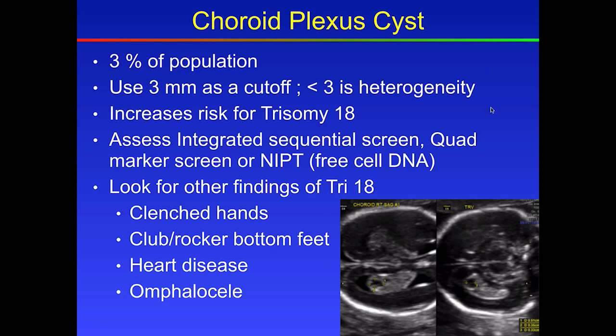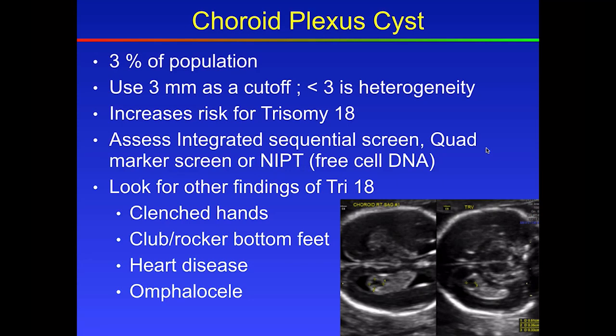Whenever you find it, we look at the integrated sequential screen and/or the quad marker, whatever the patient has. And some patients today will already have NIPT, non-invasive prenatal testing, also called cell-free DNA, to give us a risk for trisomy 21 and trisomy 18.